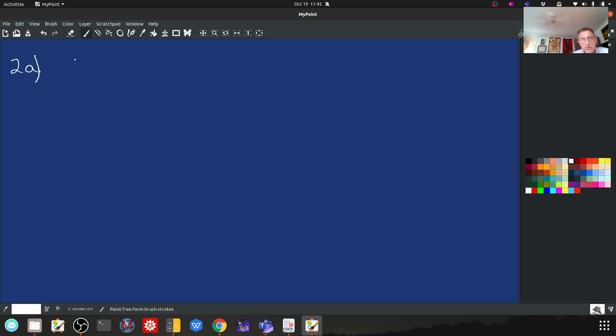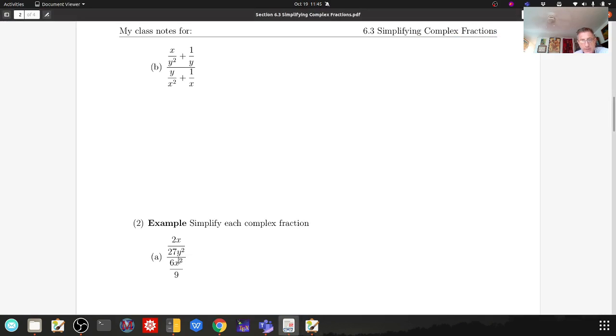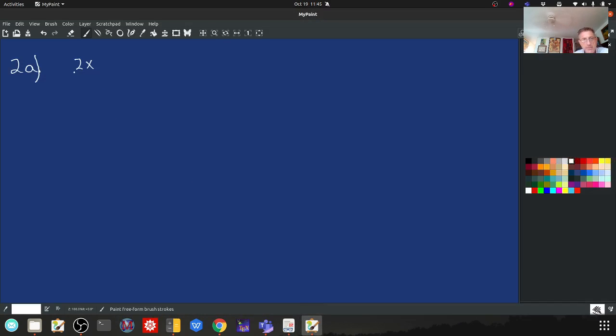So our next one is 2x. I'm looking at this one right here. Example 2, simplify each complex fraction. I'm just going to go back to my drawing space and look over here at my notes. 27y squared. Notice there is no simplification that can be done for those two fractions.